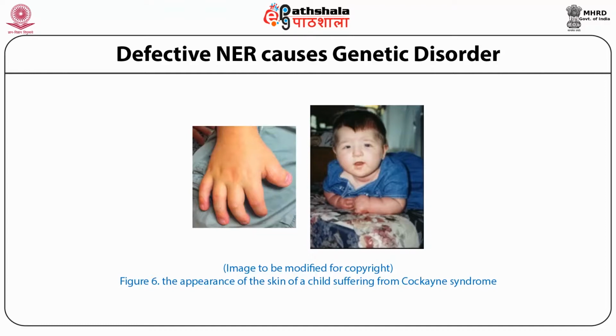Individuals with Cockayne syndrome develop hypersensitivity to UV radiation and exhibit stunted growth. Other effects include neurological dysfunction as a result of neuron demyelination and the appearance of premature aging, but intriguingly they have a normal incidence of skin cancer.